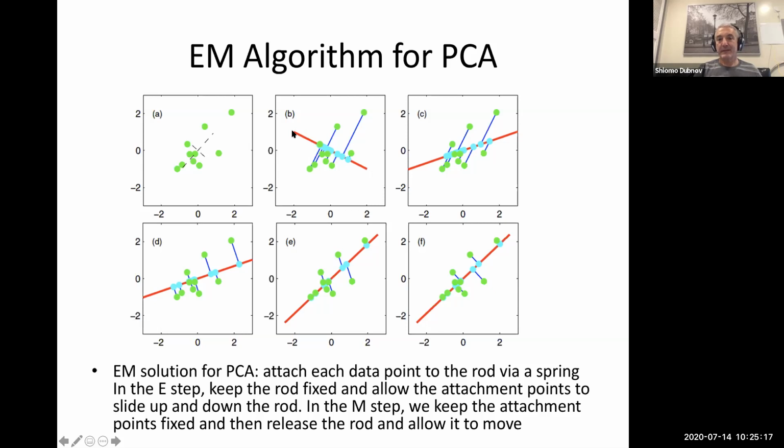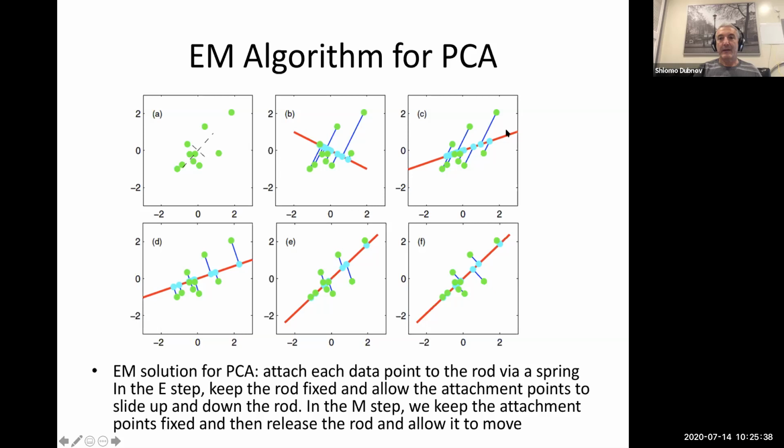If this is a rod that you connect to all these points with springs, you can now recalculate the best orientation for this rod, and it will shift here.